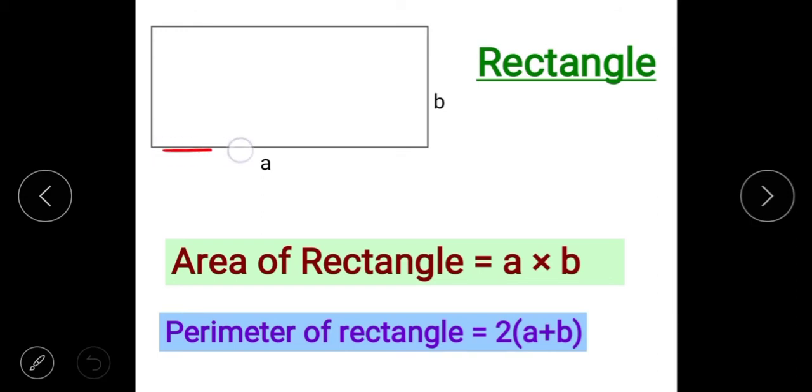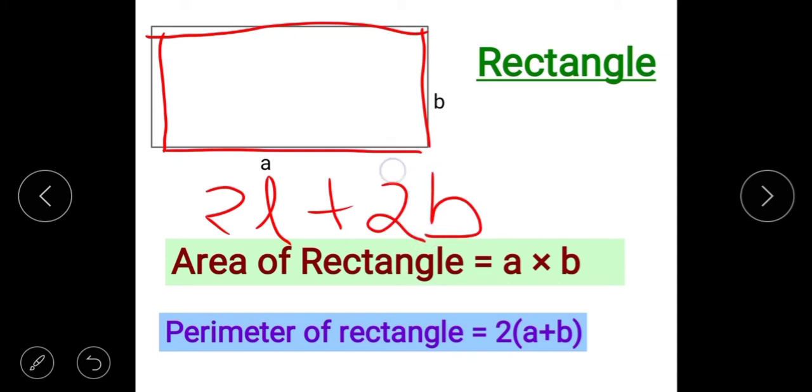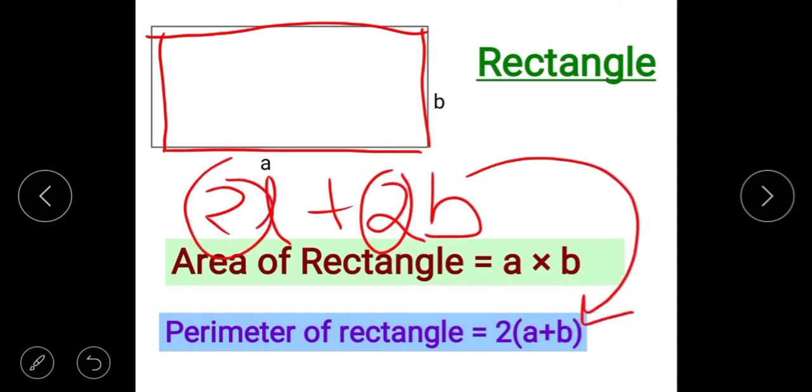Here we have length plus breadth, length plus breadth. So 2 length plus 2 breadth. Then we take 2 as common and we have twice the summation of length and breadth.